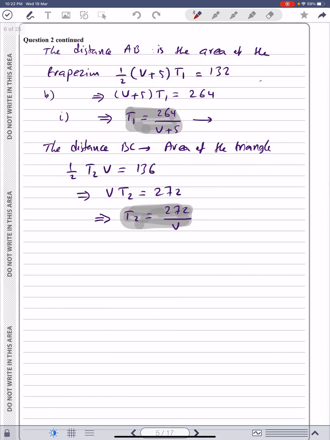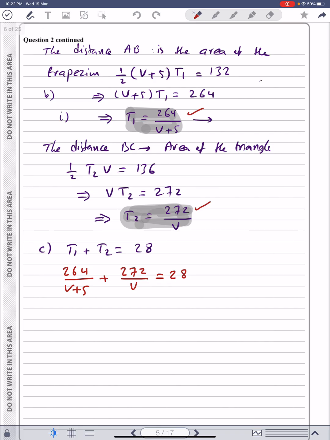Continuing part C here, T1 plus T2, the total time is 28 seconds, by substituting the values we just got. So replacing T1 by 264 over V plus 5, plus 272 over V is equal to 28.